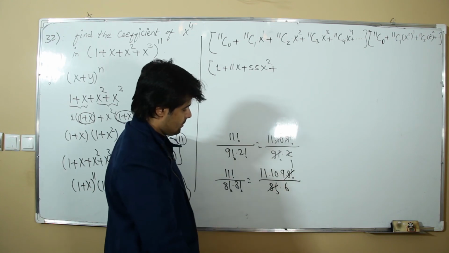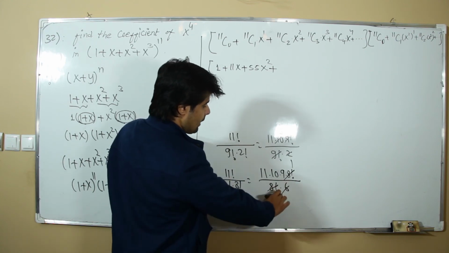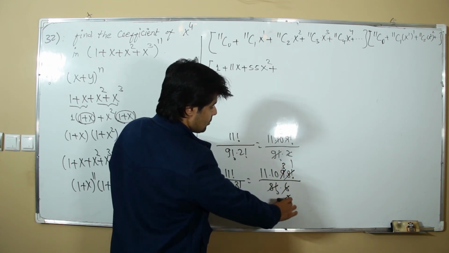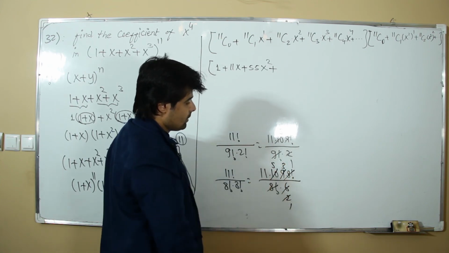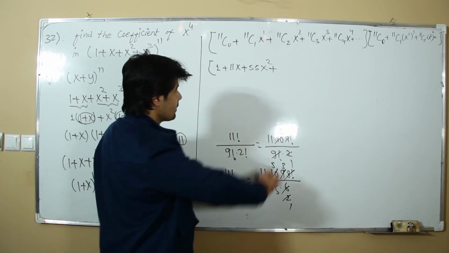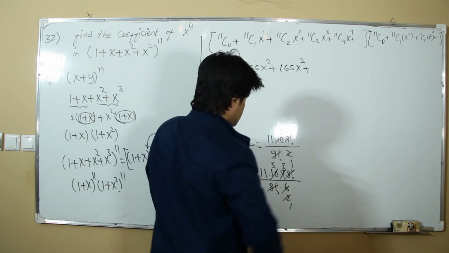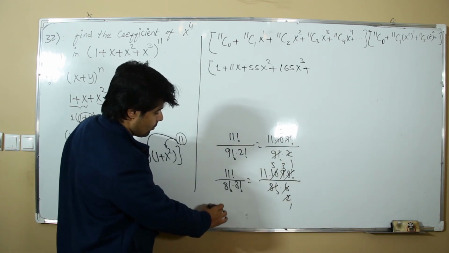This is cancelled, am I right? Now you have 2 times 3, with this one is 3, 2 with this one is 5, 5 times 3 is 15, 15 times 11, it's 165, x to the power 3.